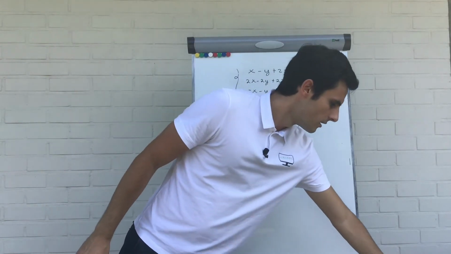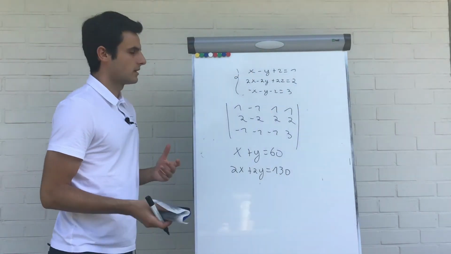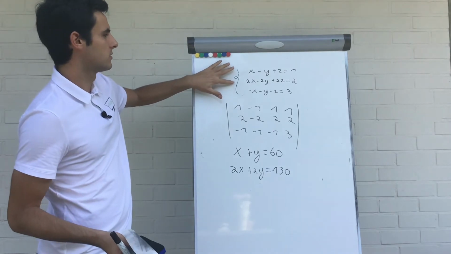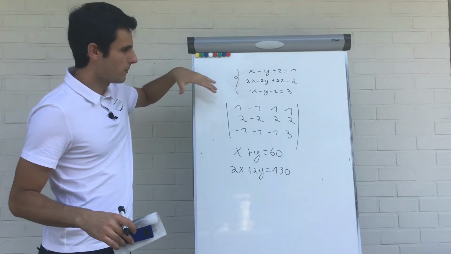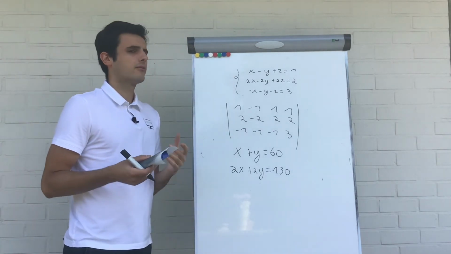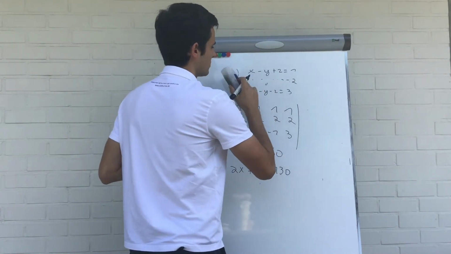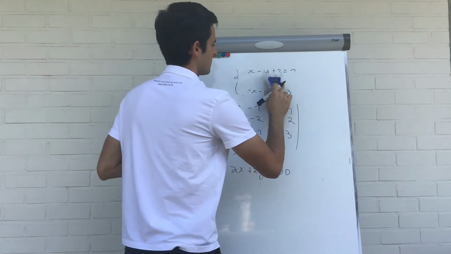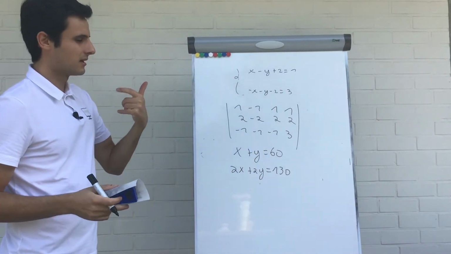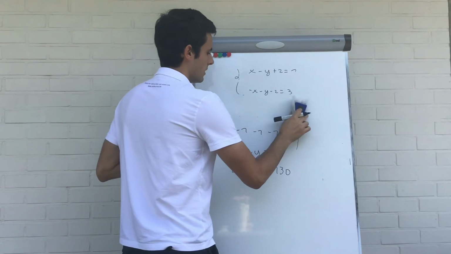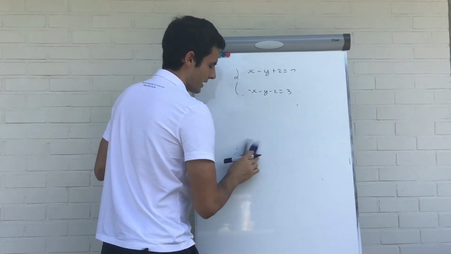So here, the rank is 2, which means that, like I already said, this row is 2 times that row. So we have 2 rows, because we can remove this row, because this row already says what this row says. So we have 2 rows instead of 3 rows. So we have a parameter, because the rank is 2.